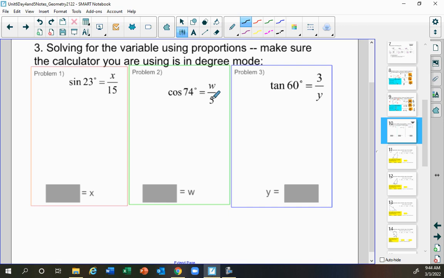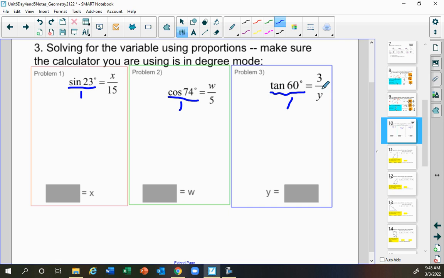For all 3 of them, what I would do, put a fraction part, put a 1 underneath. That's the very first thing I'm going to ask everybody to do. So for these problems, put a 1 right underneath.